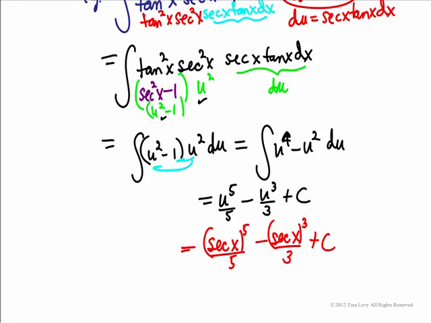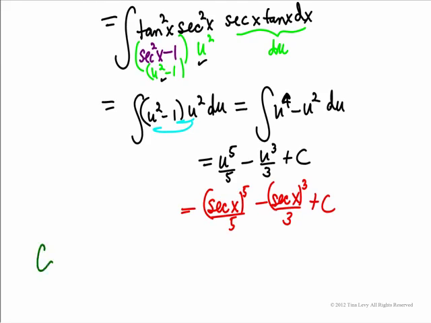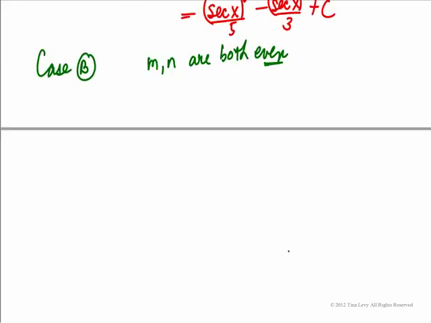Our next case we are going to do, I'll call it case B, where m and n are both even exponents. So I'm going to go to the next page. Let's do as an example tangent squared x secant squared x dx.